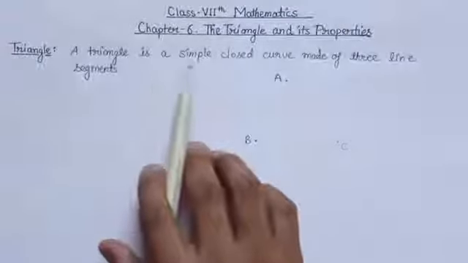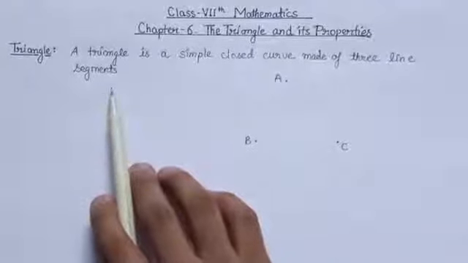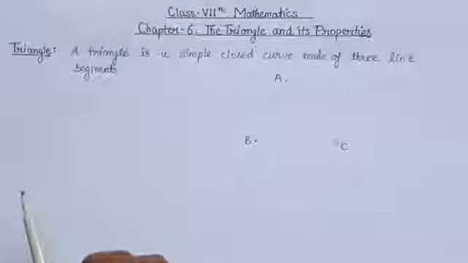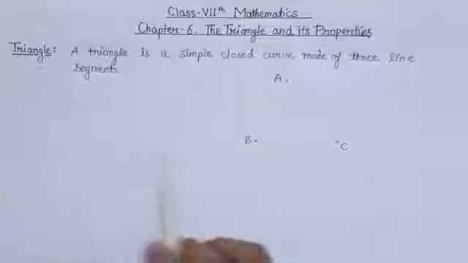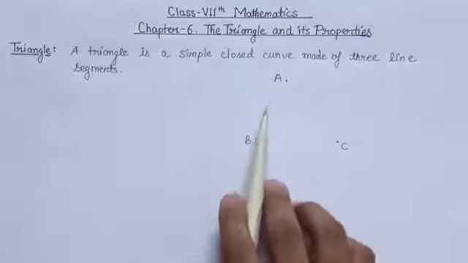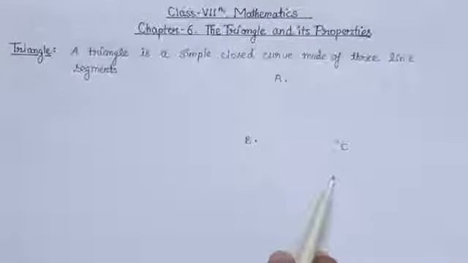A triangle is a simple closed curve made of three line segments. In order to understand a triangle, first let us choose three non-collinear points. As you can see here, A, B and C are three non-collinear points.